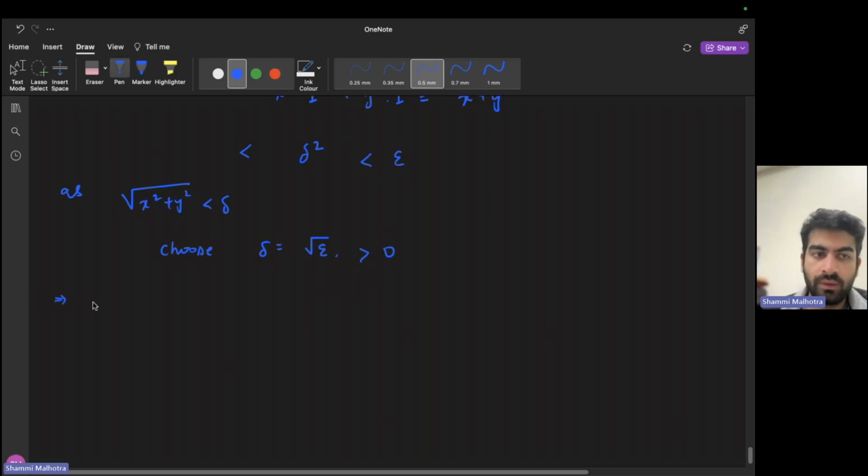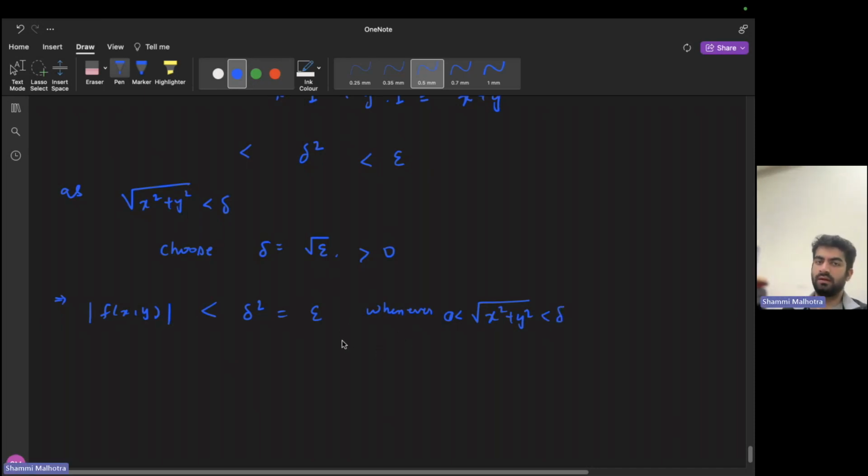And what will this imply? This will imply that mod of f(x,y) is less than delta squared. But this is just root of epsilon squared, so this turns out to be equal to epsilon whenever the square root of x^2 plus y^2, at the point (0,0), is less than delta.